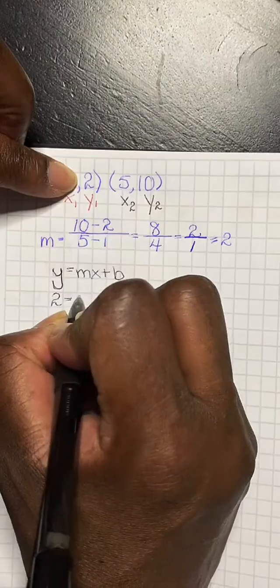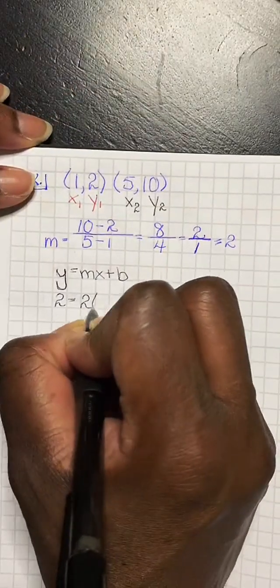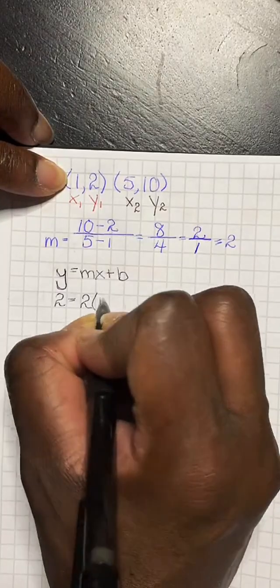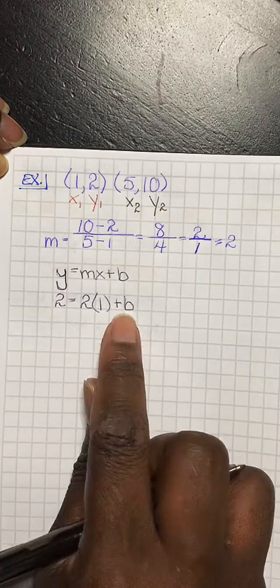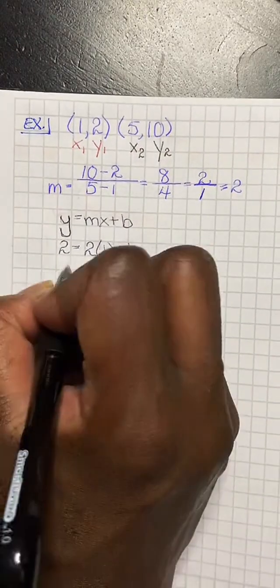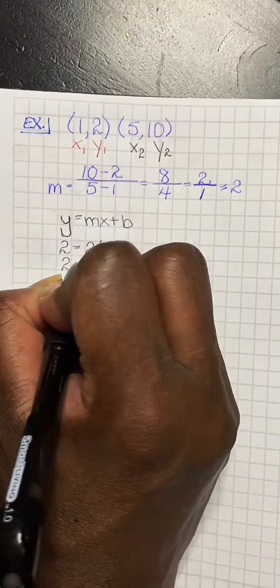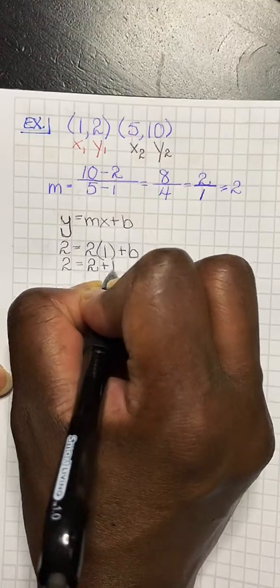My m is going to be the 2. That's the slope that we found. My x is going to be the 1. And then we have our plus b. The reason we're plugging this in is to find that y-intercept. So now we have 2 is equal to 2 times 1, which is 2, plus b.